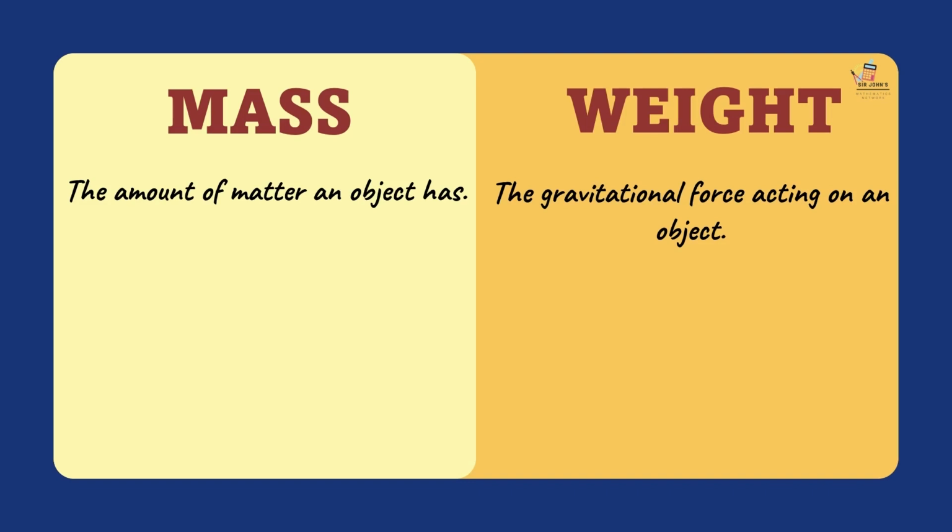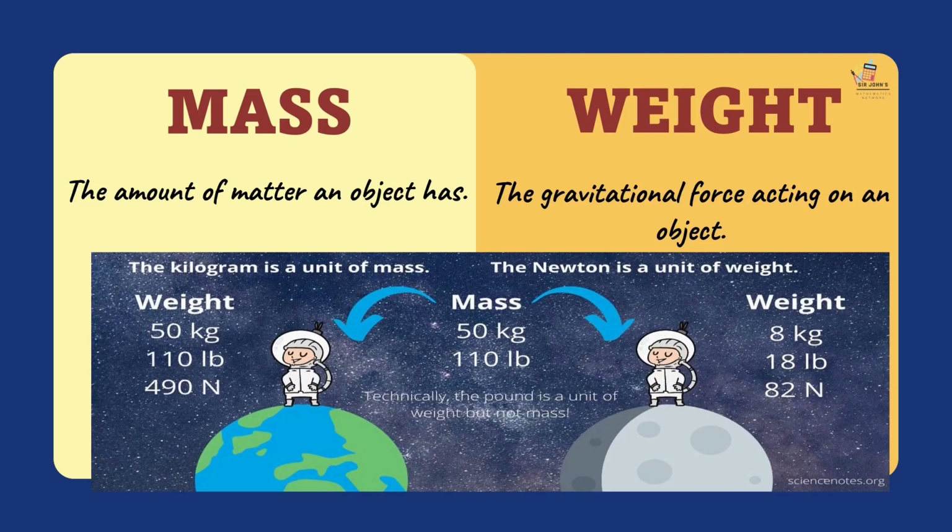But if you compare the weight on Earth to a different place like the moon, as you can see here, you can get different values. Your mass on the moon would remain the same, but your weight would be different because the acceleration due to gravity is different there.